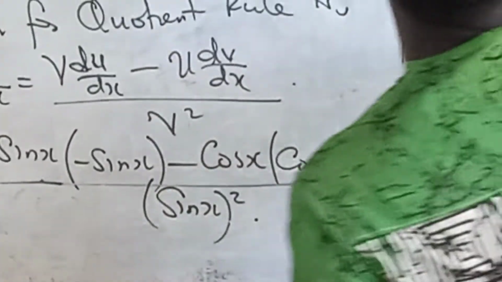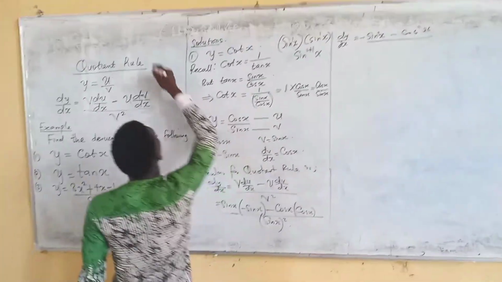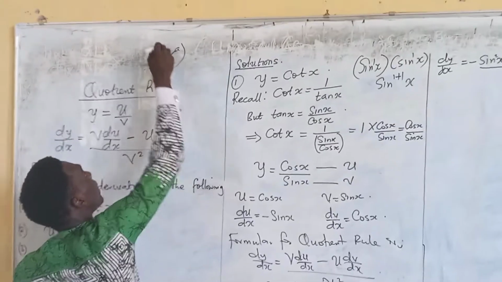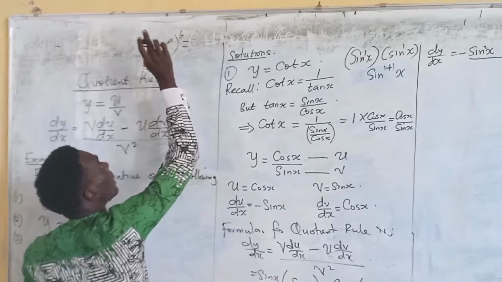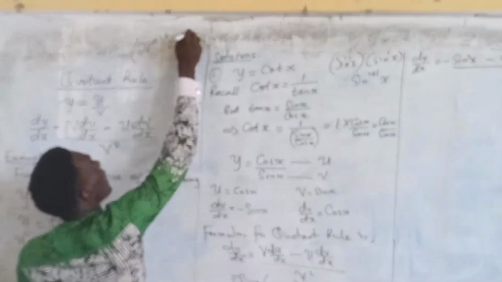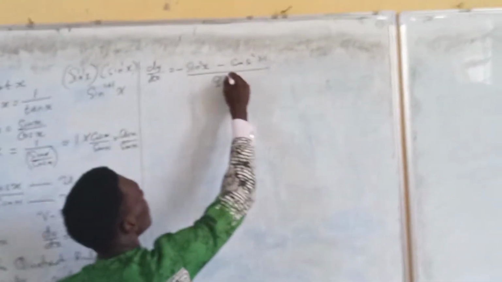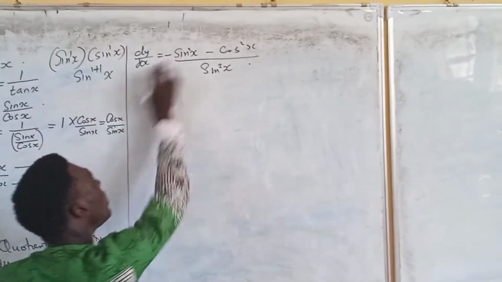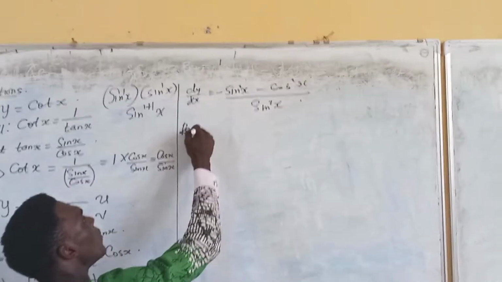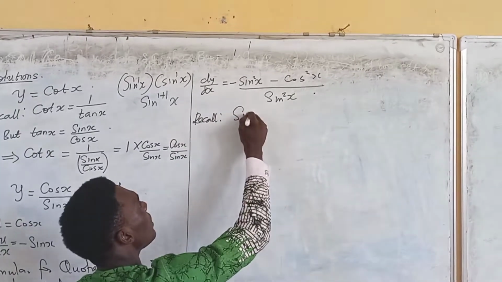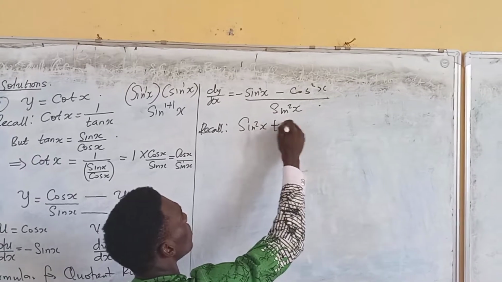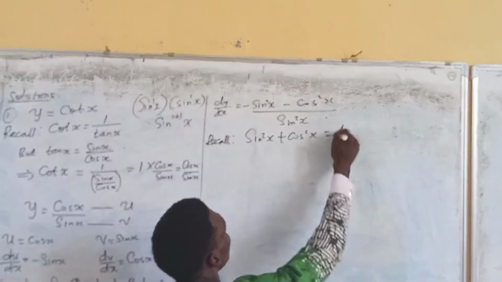the sin x all squared. From the law of indices, we know that if I have a power raised to another power, the powers multiply, so 1 times 2 will give us 2. So this is sin squared x. And we also recall from trig identities that sin squared x plus cos squared x is equal to 1.